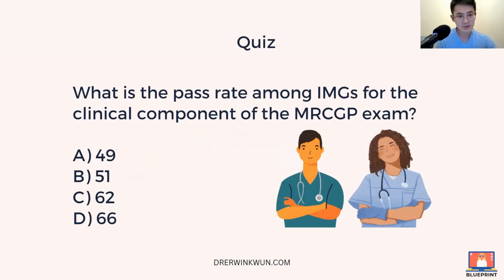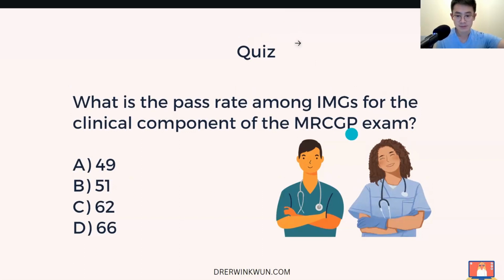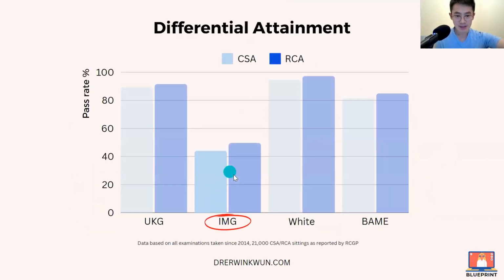So out of interest, what do you think is the pass rate for IMGs for the clinical component of the MRCGP exam? Okay, so you're saying 49, okay, 62, right? So it is actually less than 50. So for the RCA exam, it was 49.6.